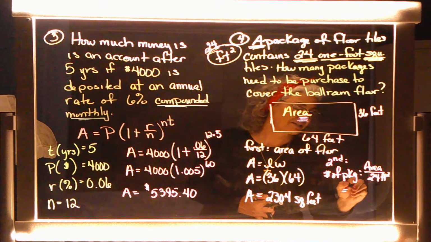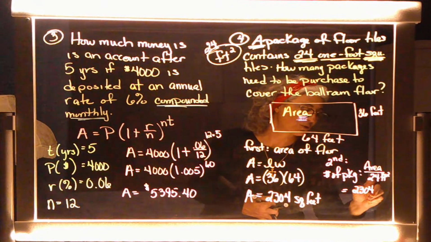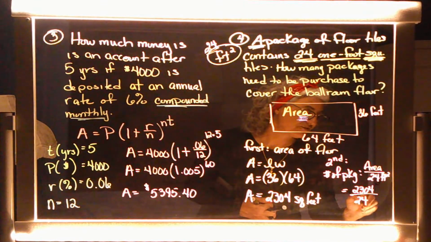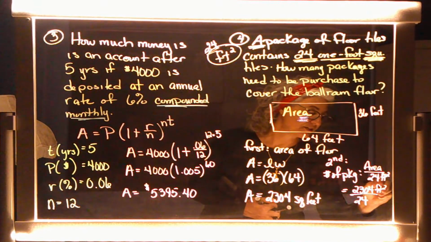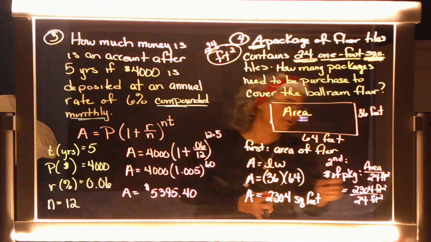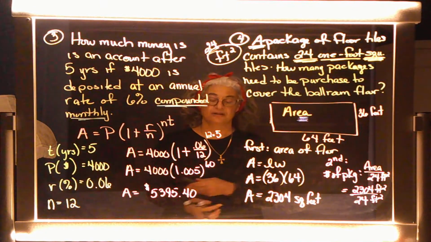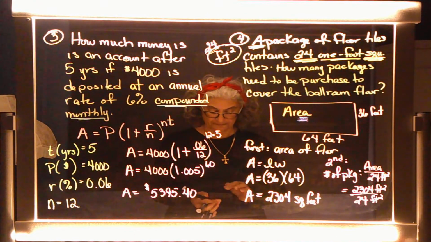So we have to take 2,304 and divide by 24. This is feet squared, this is feet squared. They're both feet squared. Okay, let's see what we get.